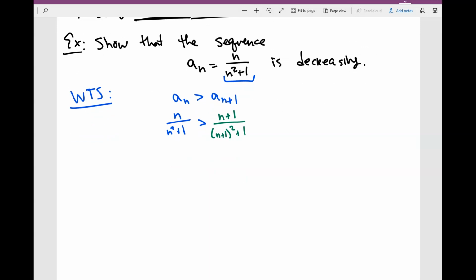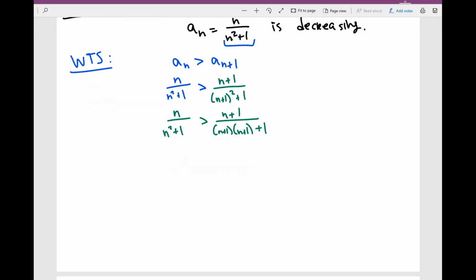The first thing I want to work with is to FOIL everything out and see what happens. So I have n over n squared plus 1 is greater than n plus 1 over, and the bottom is n plus 1 times n plus 1, plus 1, which is n squared plus 2n plus 1 plus 1.